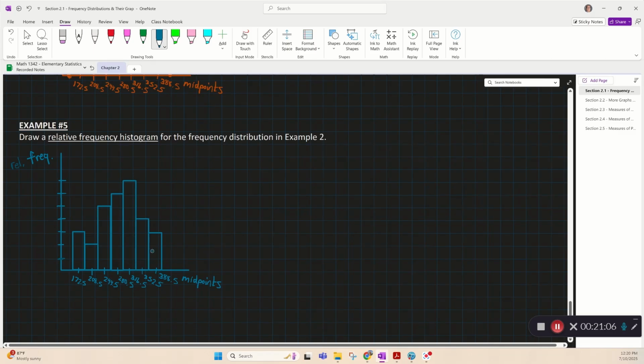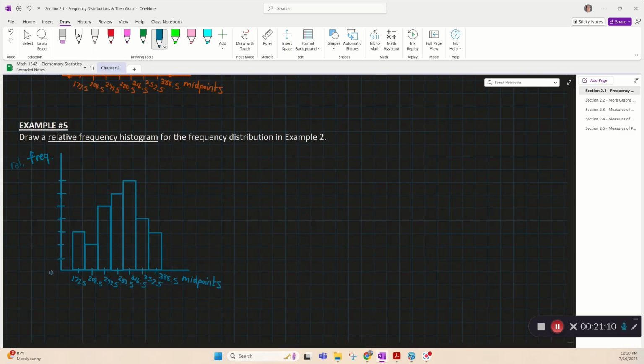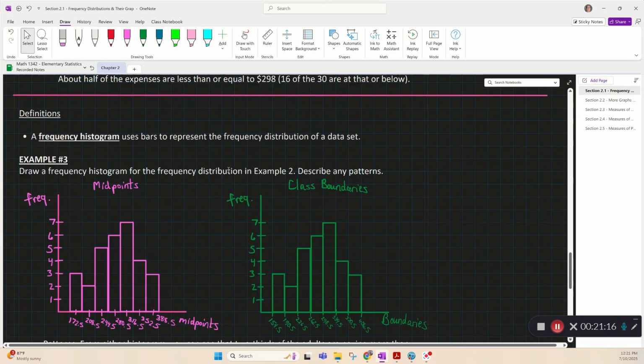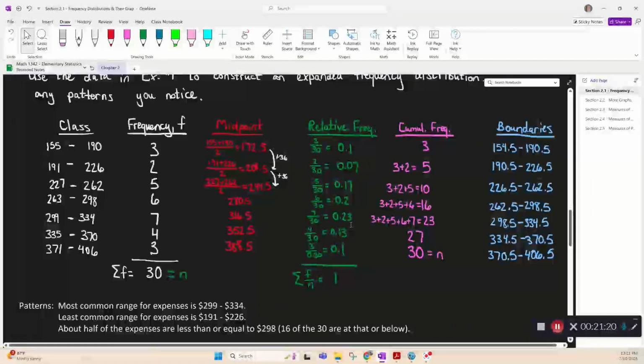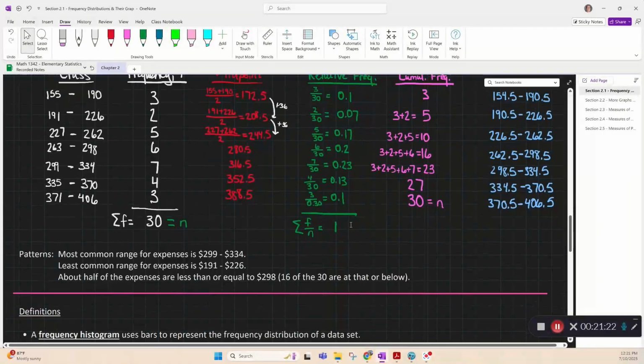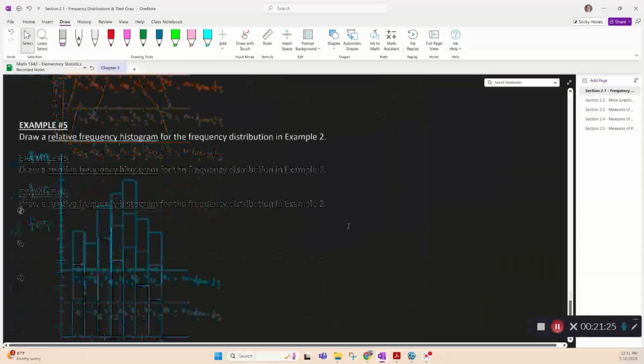Okay, so relative frequency. I'm going to count by... our highest relative frequency in our chart was 0.23. So maybe I'd count by 0.5s.